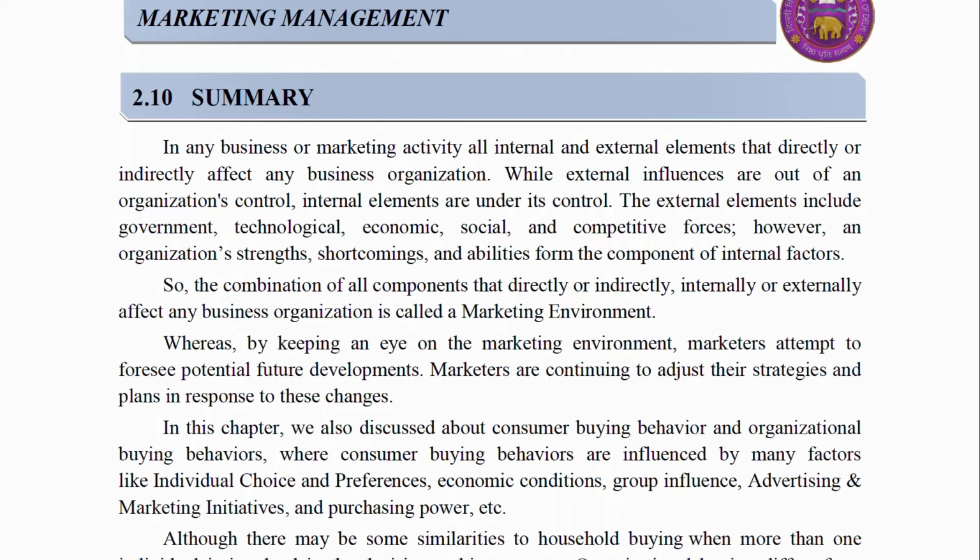So, the combination of all components that directly or indirectly, internally or externally affect any business organization is called a marketing environment. By keeping an eye on the marketing environment, marketers attempt to foresee potential future developments. Marketers are continuing to adjust their strategies and plans in response to these changes.